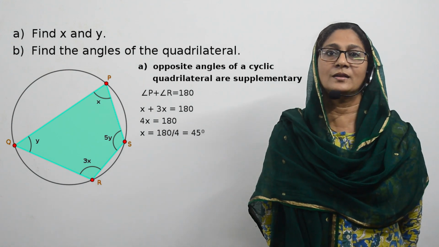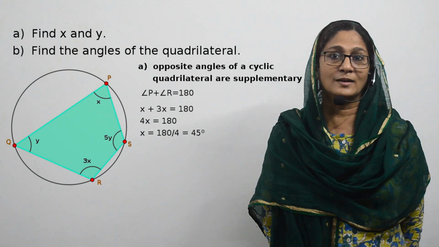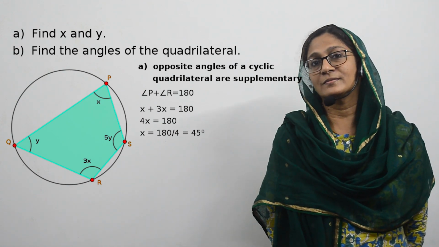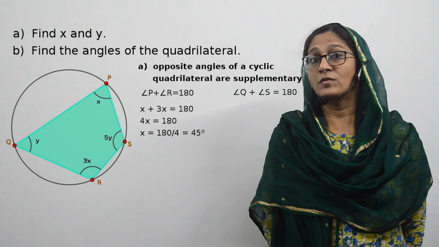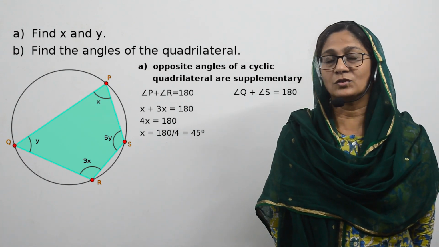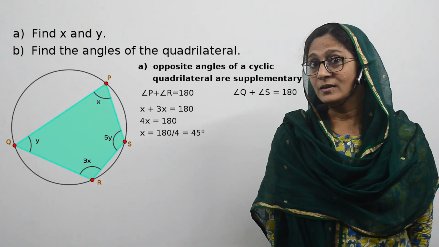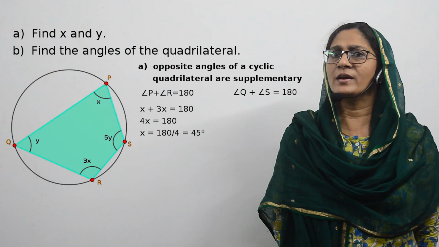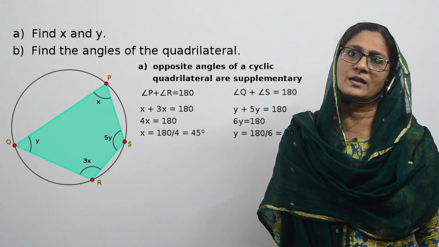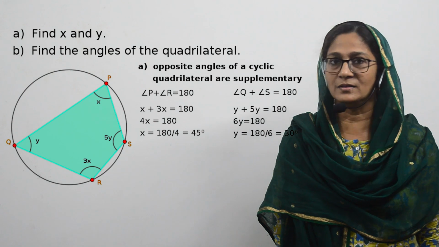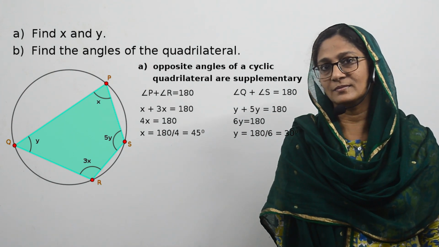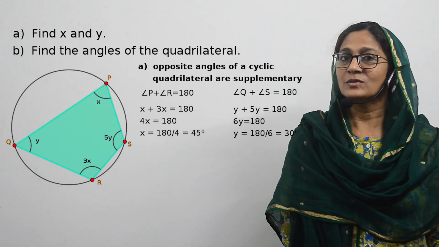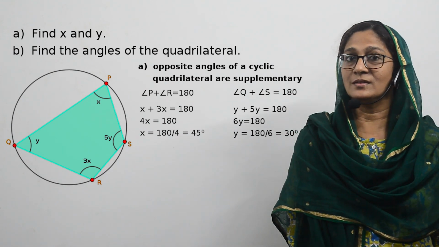Now in the same way, the other two opposite pairs, that is angle Q and angle S, give a sum of 180 degrees. y plus 5y gives 180 degrees. From which 6y is 180 degrees and y is 180 divided by 6 is 30 degrees. So angle Q is 30 degrees.